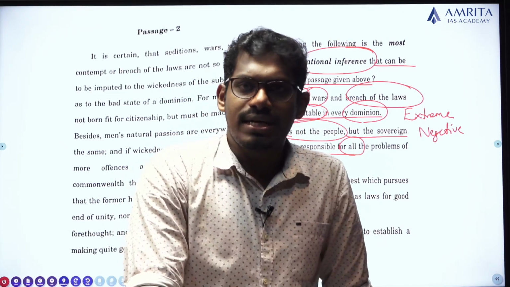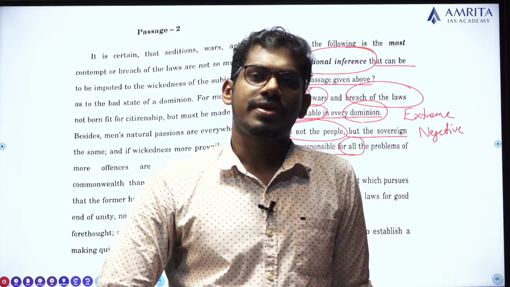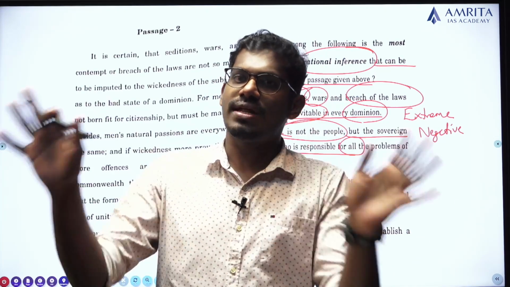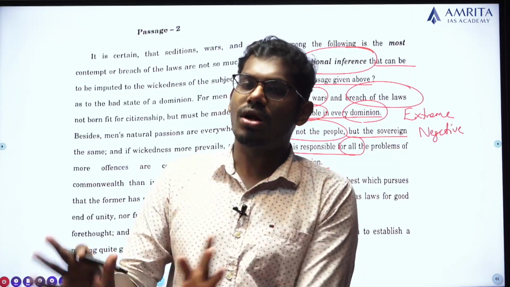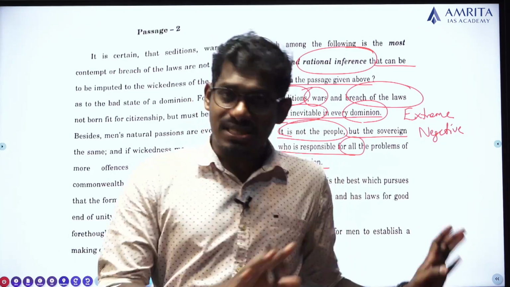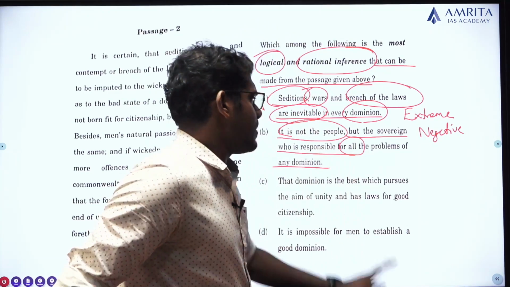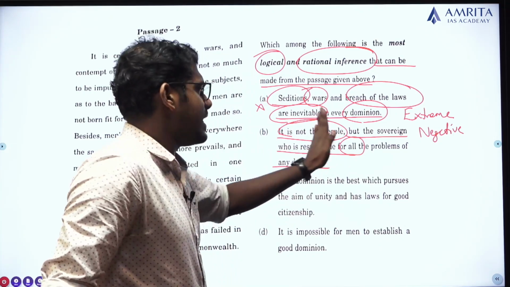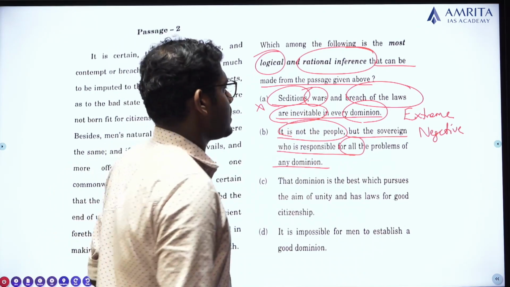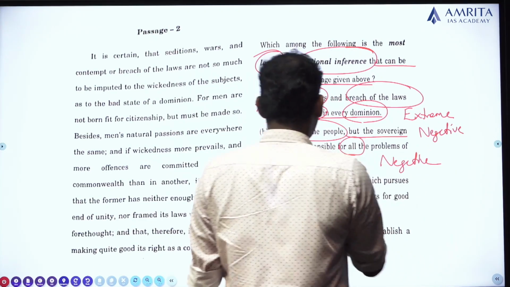See, a bureaucrat is going to be a part of the sovereign authority, and the statement says the sovereign authority is responsible for all the problems. So it will give a bad impression to the aspirant. So we can assume that it is an absolutely incorrect statement. It's an extreme statement. It's also a negative statement. So I am taking this statement as incorrect.